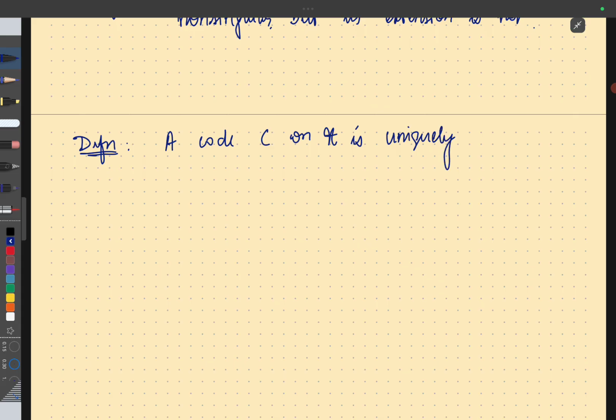So we'll say that a code is uniquely decodable if its extension is non-singular. So you take strings of arbitrary length.